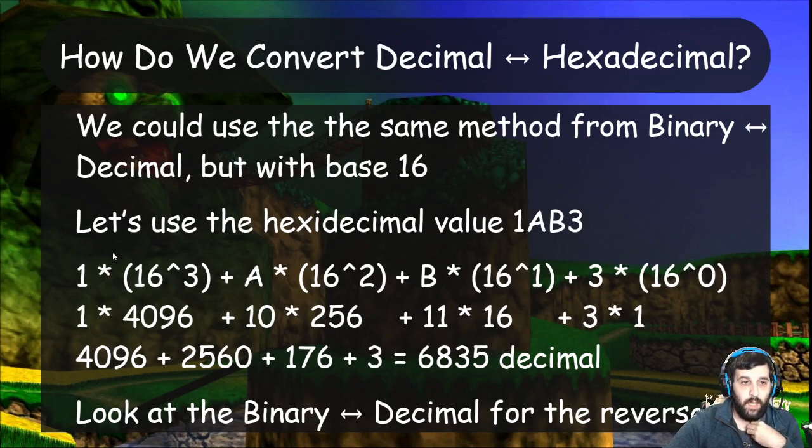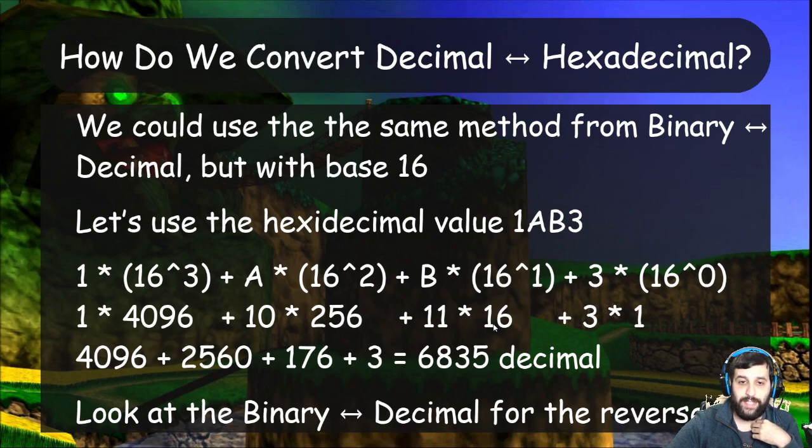So we're going to take the value 1AB3. Remember, 1 is still just 1. A, however, is equal to 10, so we have to replace A with 10. B is equal to 11. And 3 is still 3. And then 16 to the power of 0 is 1.